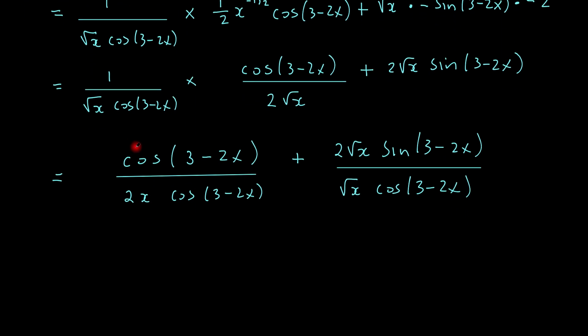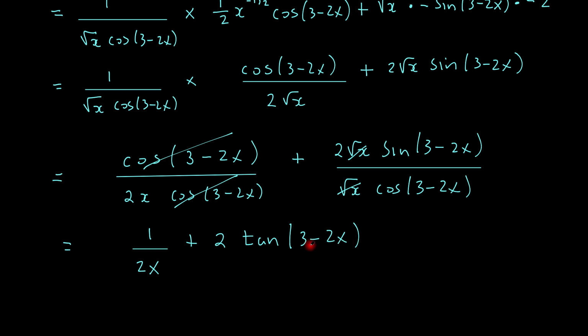Now if I cancel everything down, this would cancel, and that'll leave me with 1 over 2x plus, now this would cancel with that, and sine over cos of course is tan, so I'll have 2 tan(3 minus 2x), and that would be my final answer.